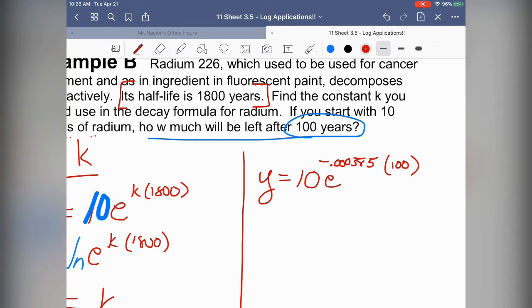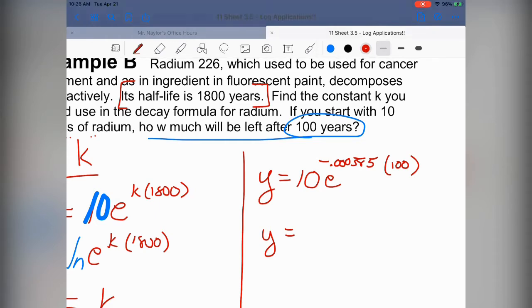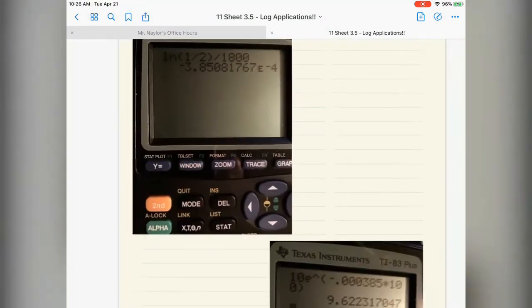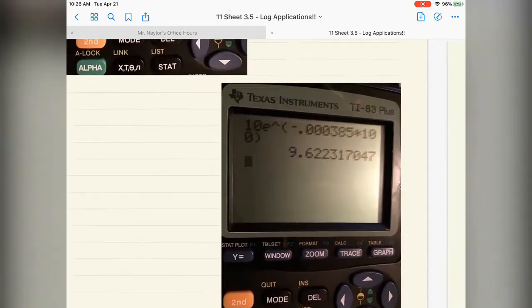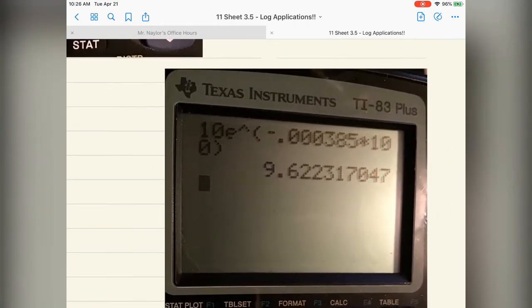Do you see here that it's clearly a two-step problem? And the first step was to find k so that we could use it to answer this question with 100 years. And just take a look at how I plugged this one into the calculator. No reason I can't kind of plug and chug that. But I don't need to use ln's.